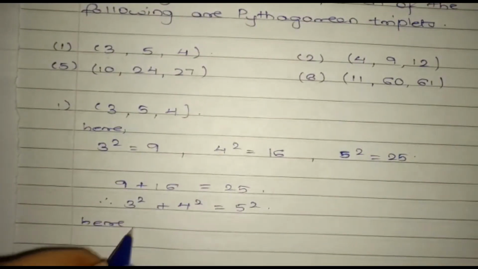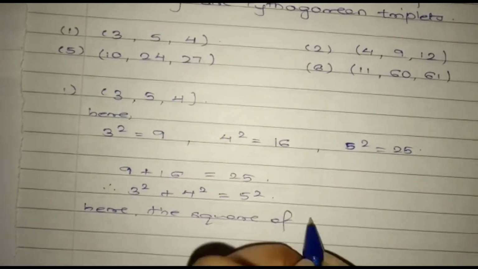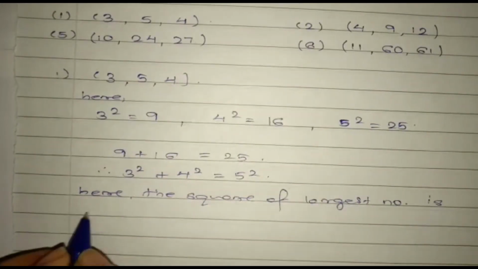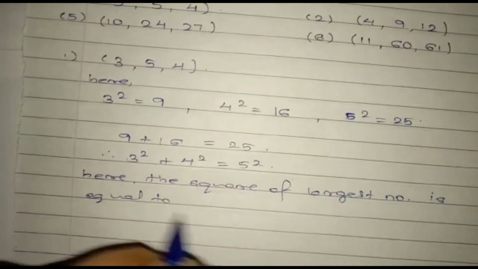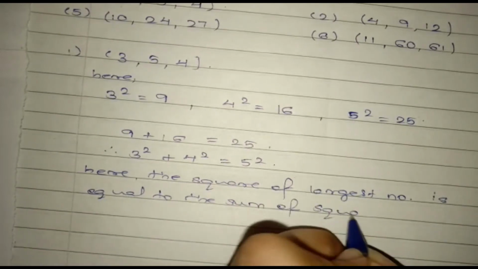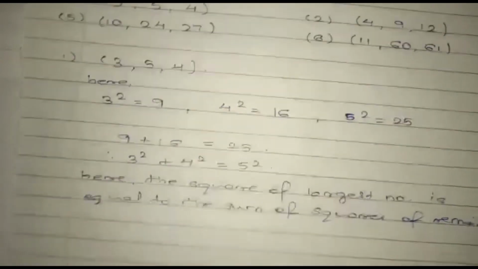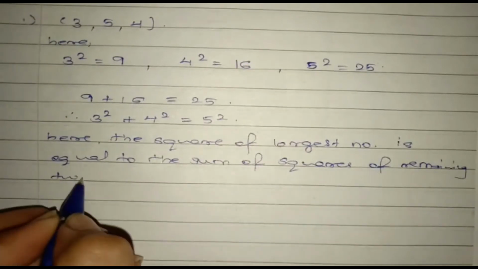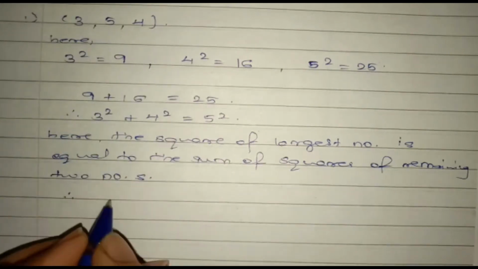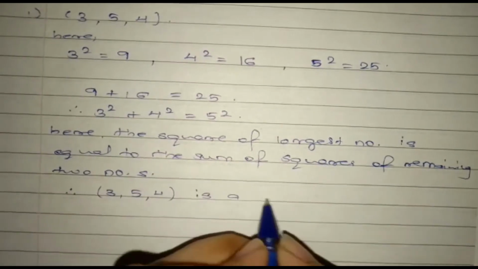Here the square of the largest number is equal to the sum of squares of the remaining two numbers. Therefore, what is the set? 3, 5 and 4. Therefore, 3, 5, 4 is a Pythagorean triplet.